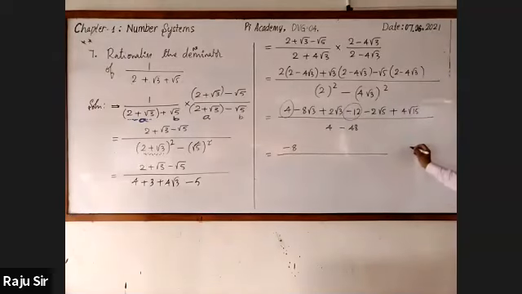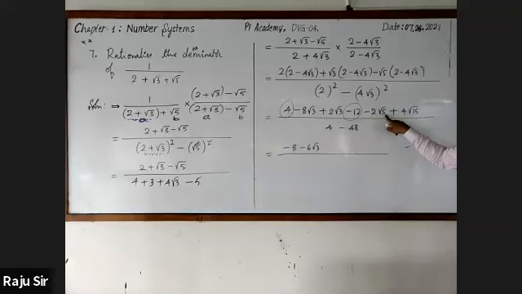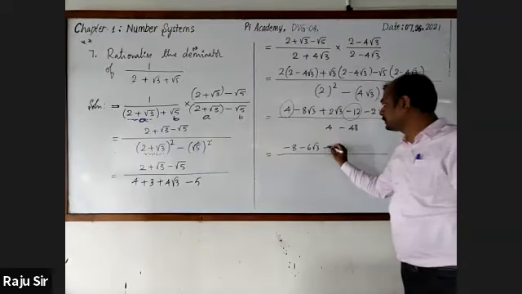Yes, sir. Minus 8 times root 3 plus 2 times root 3 is minus 6 times root 3. Next, minus 2 times root 5 plus 4 times root 15.